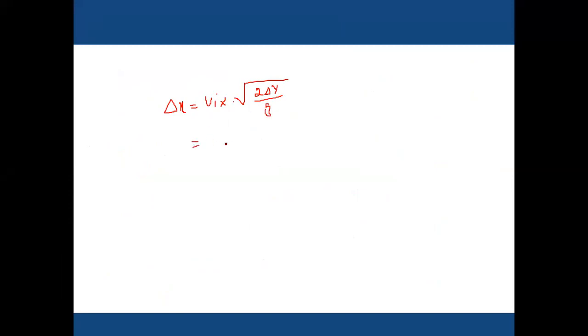And from the animation, what was our initial velocity? Initial velocity was 18 meter per second, multiplied with 2 delta y, where delta y is the height of the projectile body. So delta y is equal to, it was 9 meter, divided by 9.8.